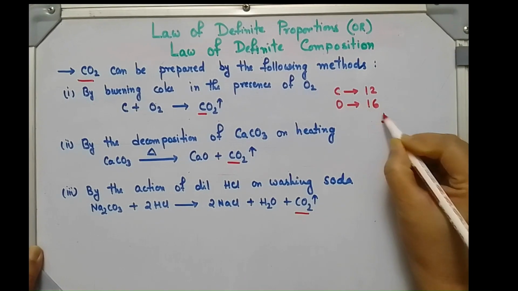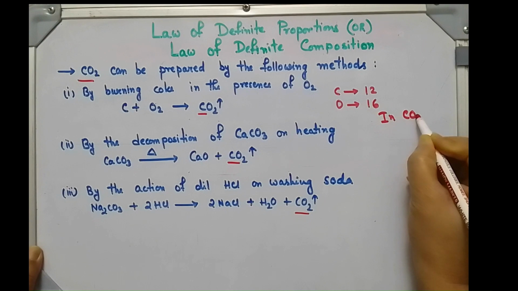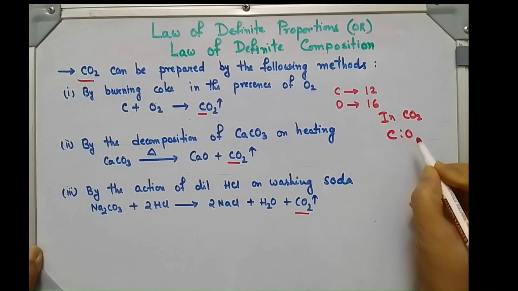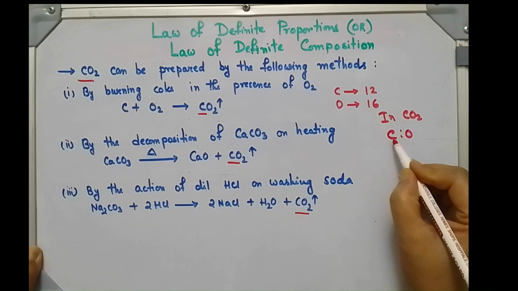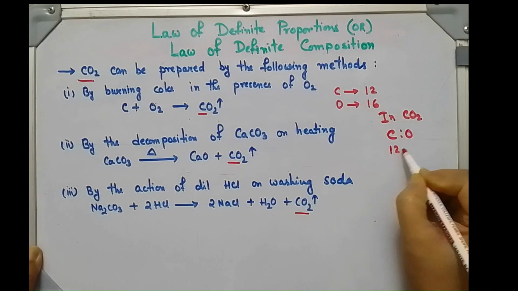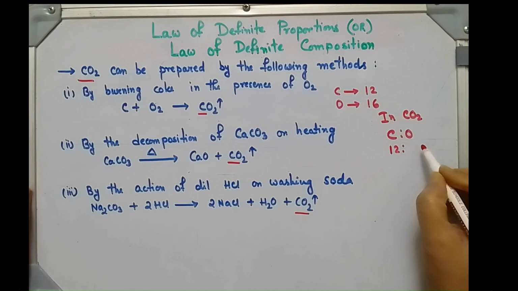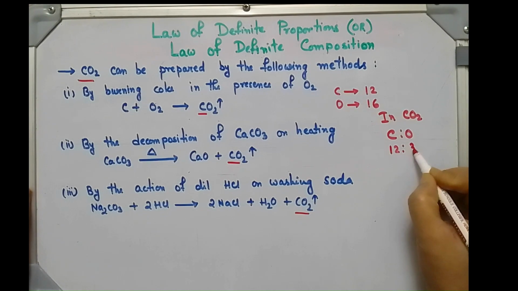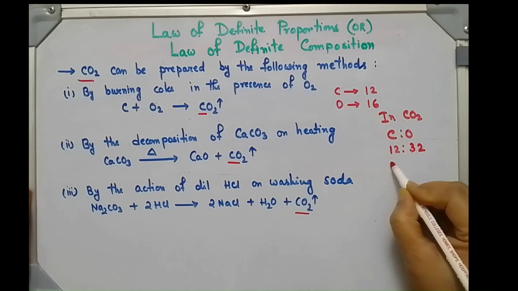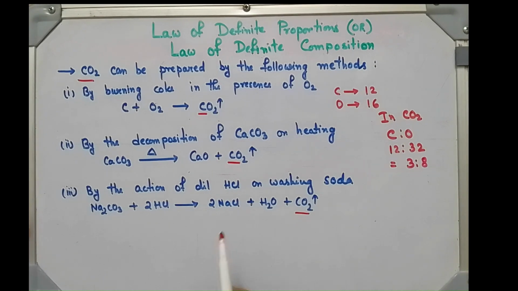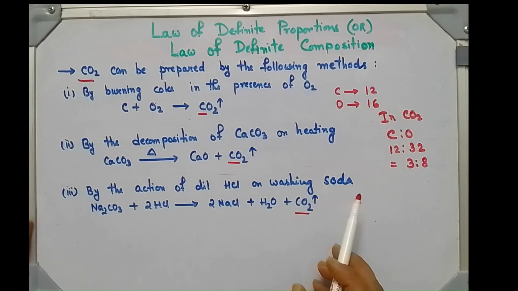So, in carbon dioxide, carbon to oxygen ratio by mass is, atomic mass of carbon is 12 and carbon dioxide is having 2 oxygen atoms, so 16 times 2 is 32. If you simplify, it is coming 3:8.